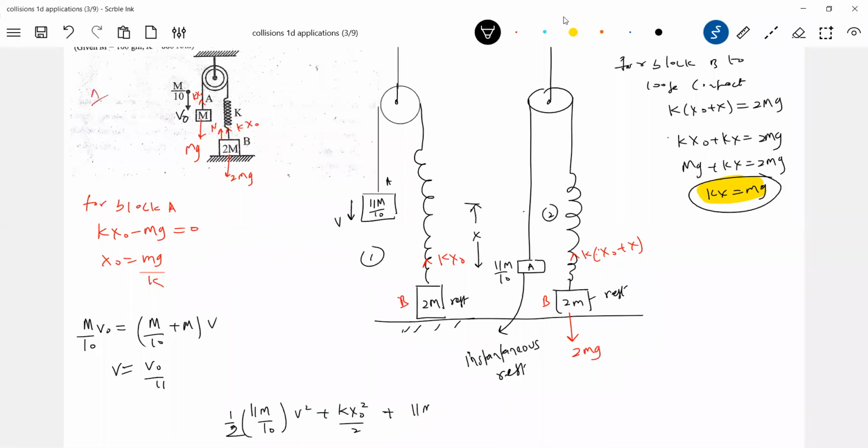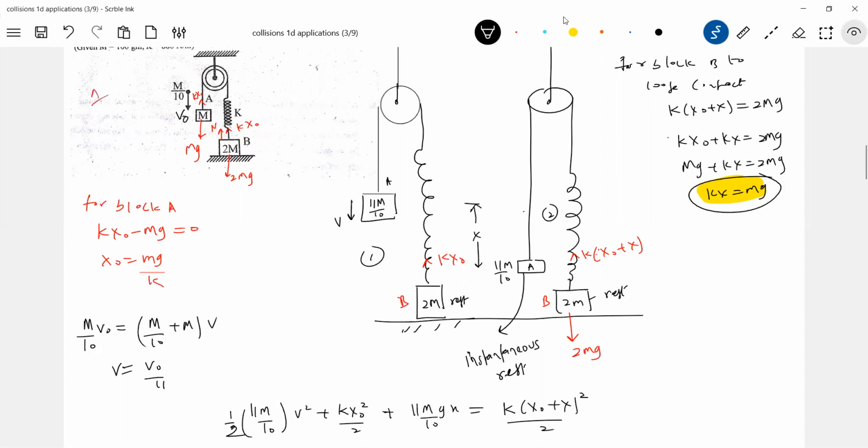How much? 11 m by 10 gx. All this, what happened? The initial kinetic energy of block A plus initial elastic potential energy of the spring plus decrease in gravitational potential energy of block A, everything got converted into increase in elastic potential energy of the spring.